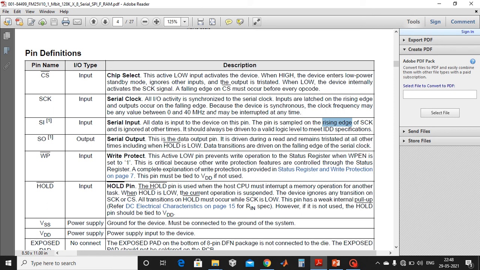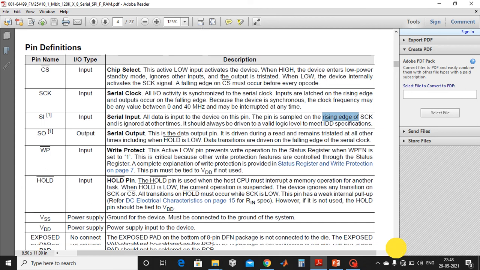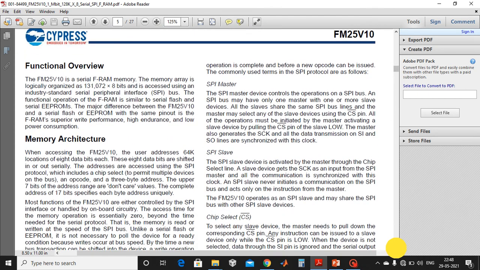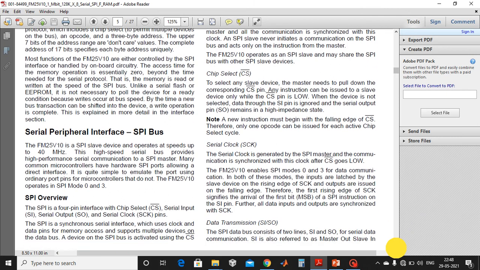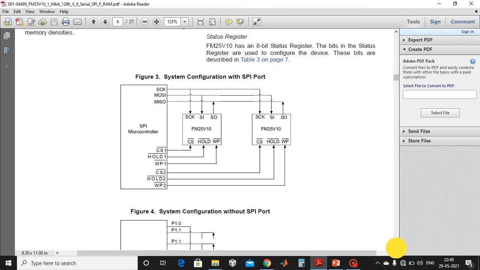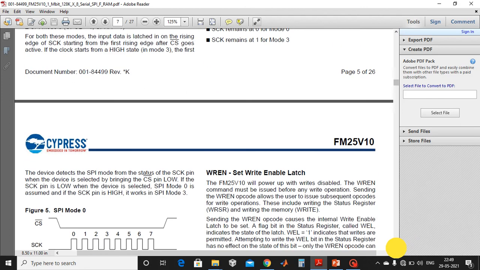Throughout this video, you have to remember this information that this device is sampling the data on the rising edge. Now we will go through the timing diagrams and I will show you where I have found conflicts in the timing diagrams.